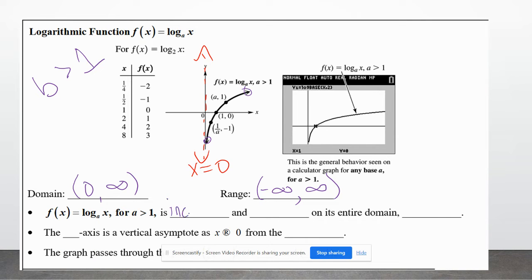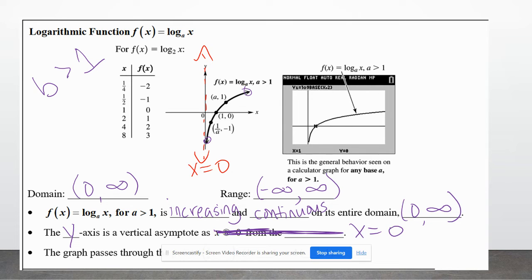When our base is greater than 1, our graph is still increasing and continuous from 0 to infinity domain. This time the y-axis is our vertical asymptote, which is x is equal to 0.